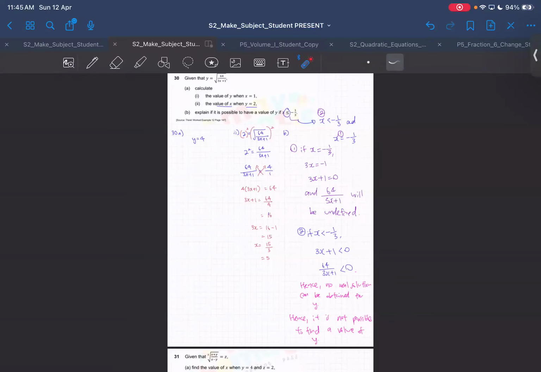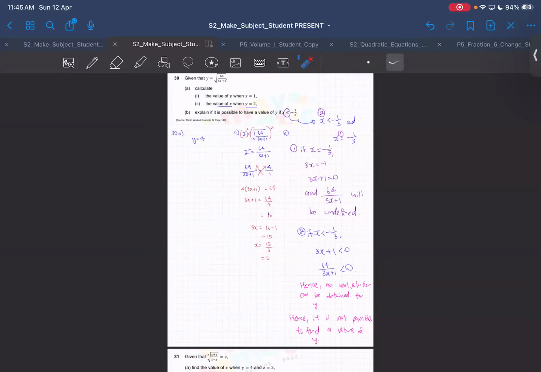So since I already know that y is 4, you put y already. Understand that? The y can put 4 already. Good. So after that, to get rid of the square root, you have to square both sides. The question is two, right?